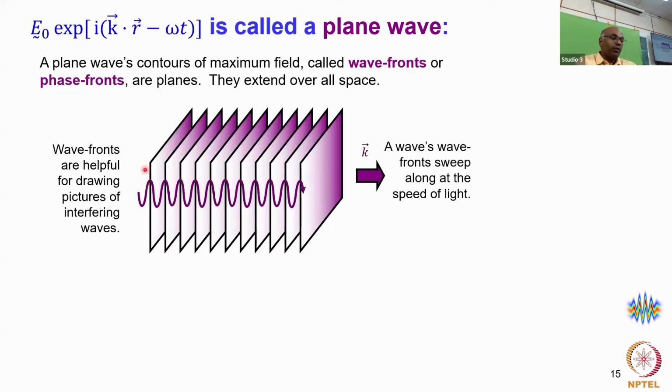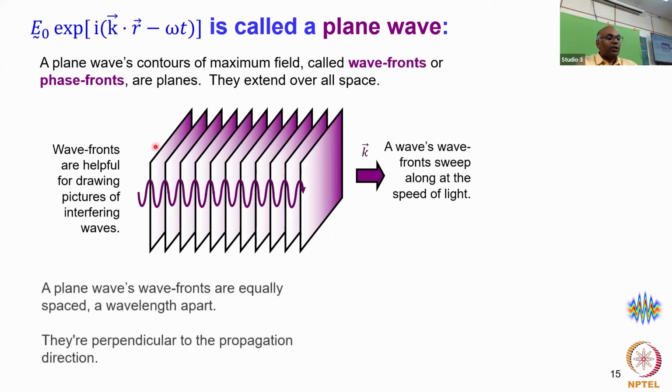So fix that time to be t equal to some t1. So omega t1 is a fixed number. Now I'm going to ask the question: let me know all the other points which share the same value for the phase, k dot r minus omega t, at the instant t1 as my point of interest. That is to say, k dot r minus omega t1 is equal to a constant.